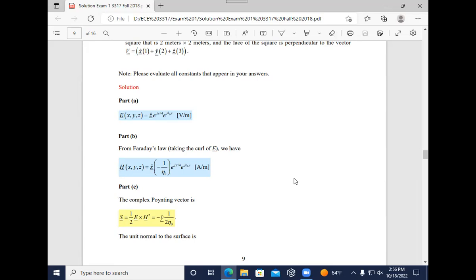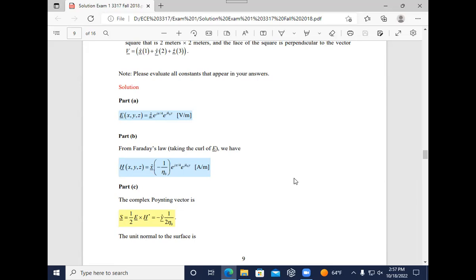Okay, and what is that? k0 over omega mu 0: k0 is omega times the square root of mu 0 epsilon 0. Cancel omegas. So that's going to be what? The square root of epsilon 0 over mu 0, or 1 over the square root of mu 0 over epsilon 0, or 1 over eta 0, right?